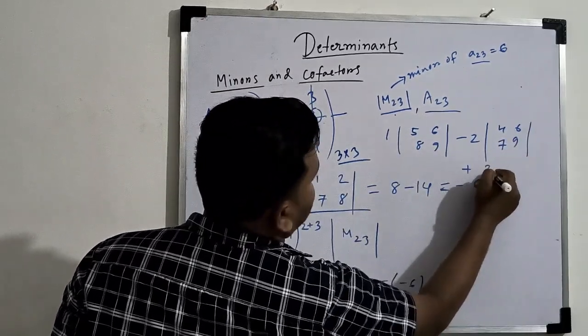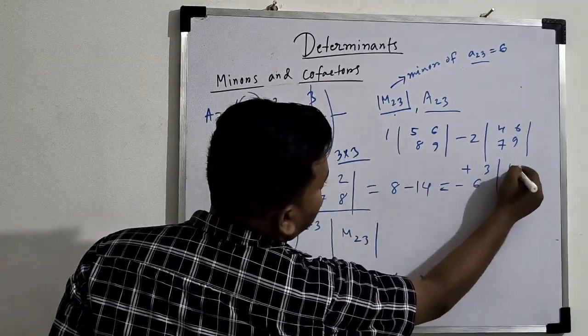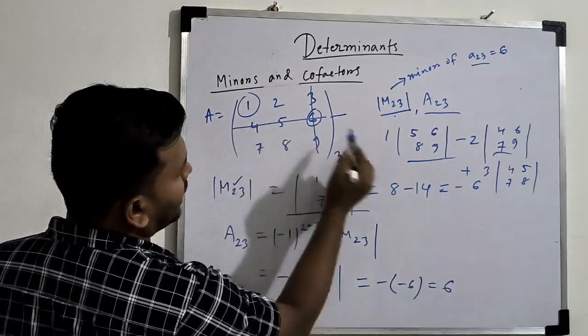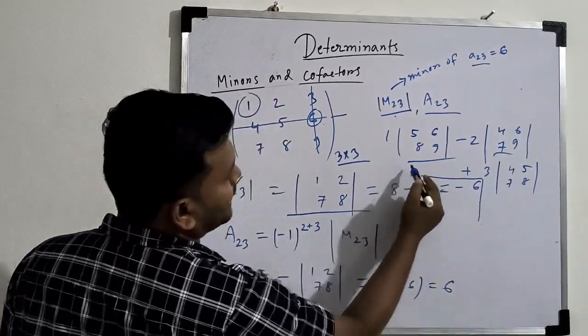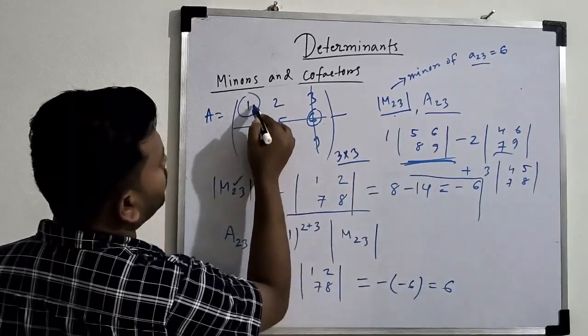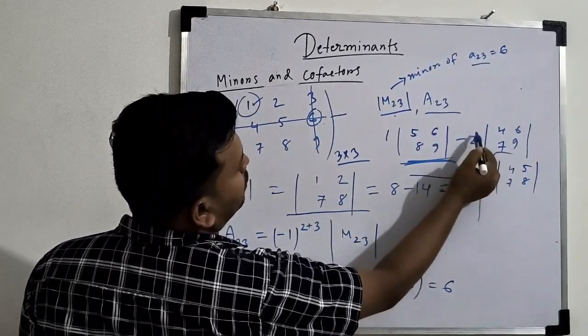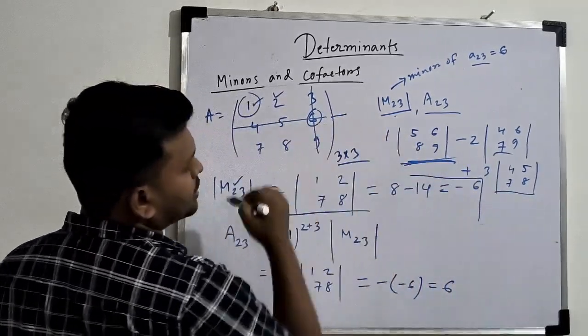And lastly plus 3 into the matrix with this deleted, so 4 5 and 7 8. So the determinant will be 1 into this, minus 2 into this, plus 3 into this. Here this is the minor corresponding to the element 1, this is the minor corresponding to the element 2, and this is the minor corresponding to this element.